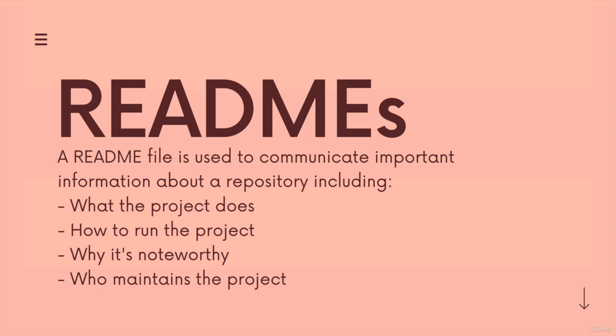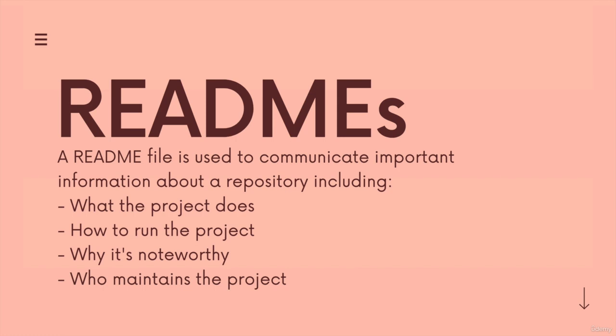It's a file that is supposed to explain what your project does, whether you're working on some API or a web application, a video game, or even if you're a government using GitHub to make laws and legislate, whatever your repo is, the README file should include information about what the project does, what it's for, who's it for, how to get started with the project, how to run it and install dependencies if necessary, why it's noteworthy, who maintains the project, how to collaborate on the project, how to get help. Not all of that has to be there, but if there's important information you want to convey to somebody coming to your project for the first time, then put it in the README file.